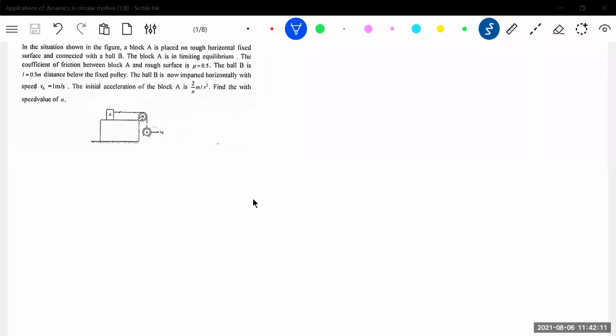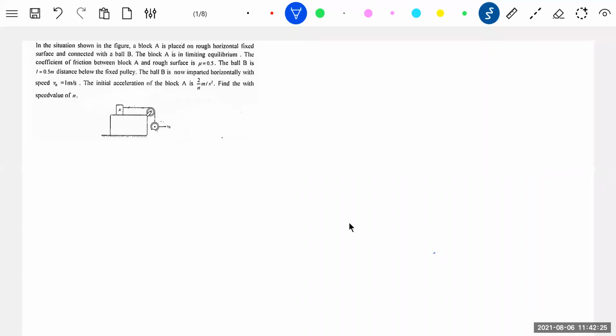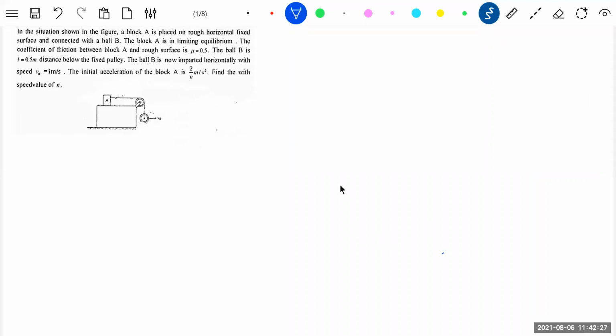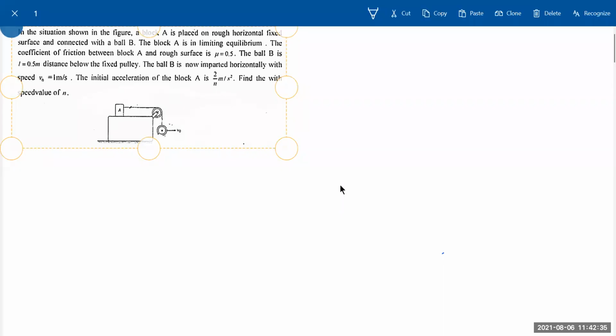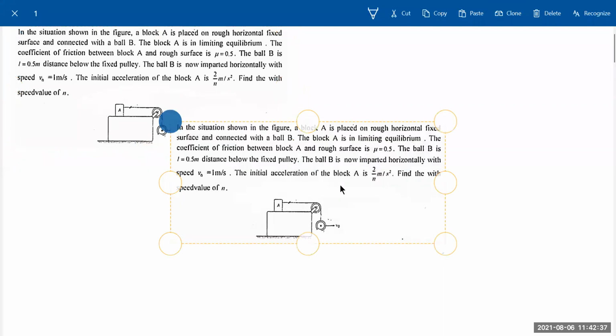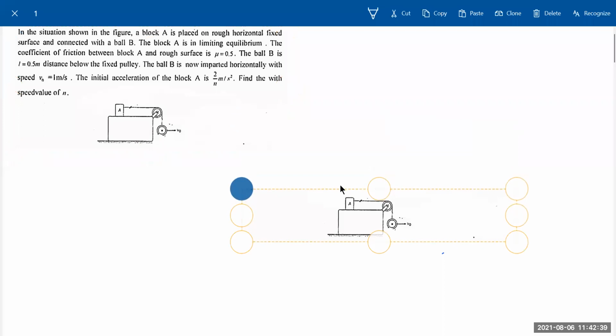All these are numericals based on the applications of what we have learned, and how we can apply it in various situations. You just have to put in the effort, nothing else. So we have a block here. Read the question, meanwhile I'll adjust the diagram.